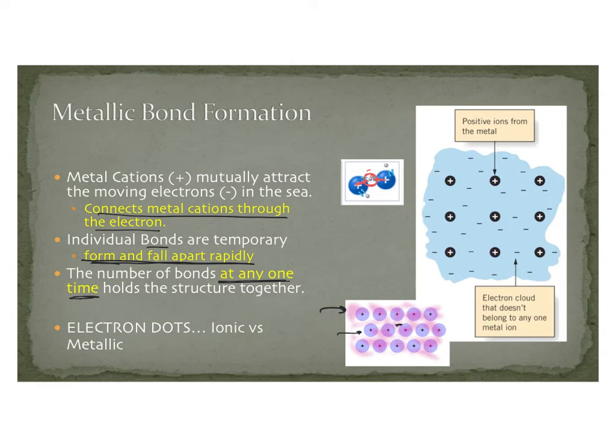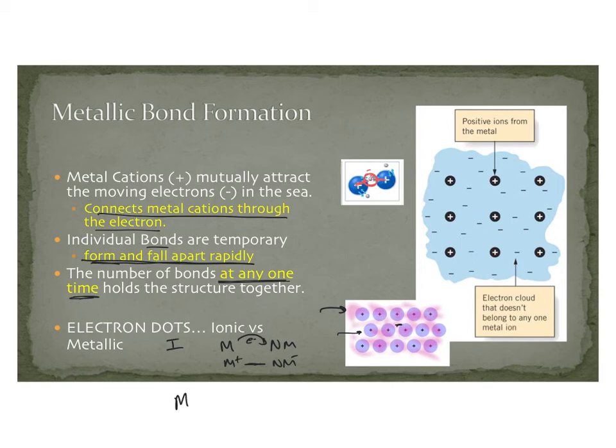To summarize, in an ionic compound, you have a metal which gives an electron to a nonmetal, giving you a positive metal ion and a negative nonmetal ion. Opposites attract and they come together.